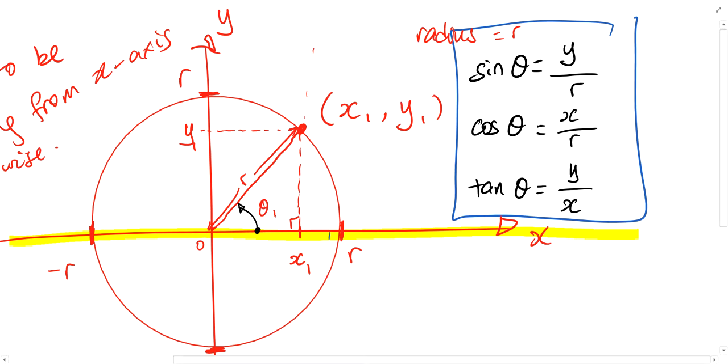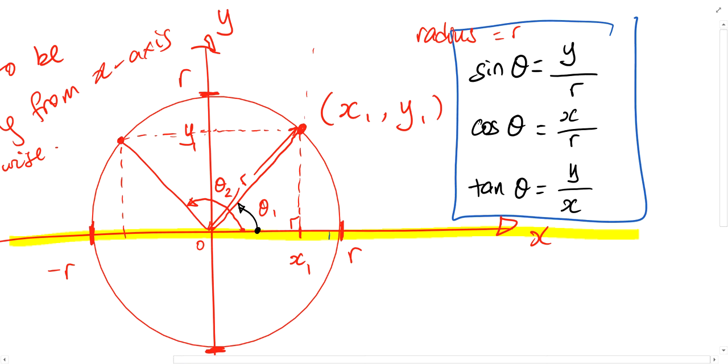I am going to draw theta 2, but this time theta 2 is from the positive x-axis and it goes beyond 90 degrees to this side. Let me try and draw something symmetrical. So this is now my theta 2, because I very deliberately drew it symmetrical.